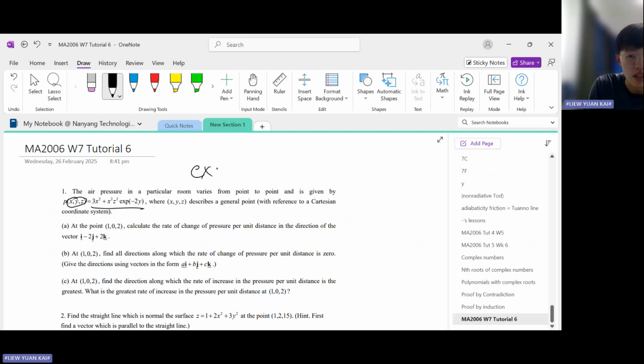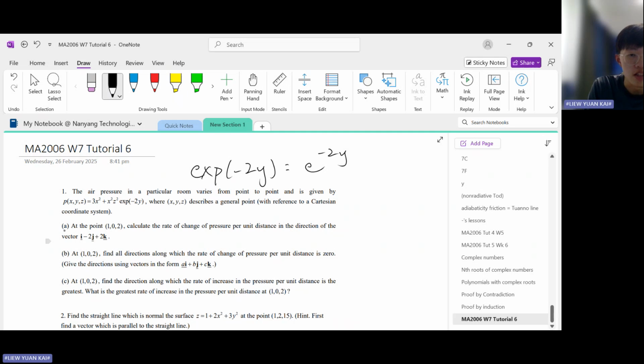So exp minus 2y is the old notation for e to the power of negative 2y. This is what exp stands for. It's exponent, the Euler function, the exponential function.